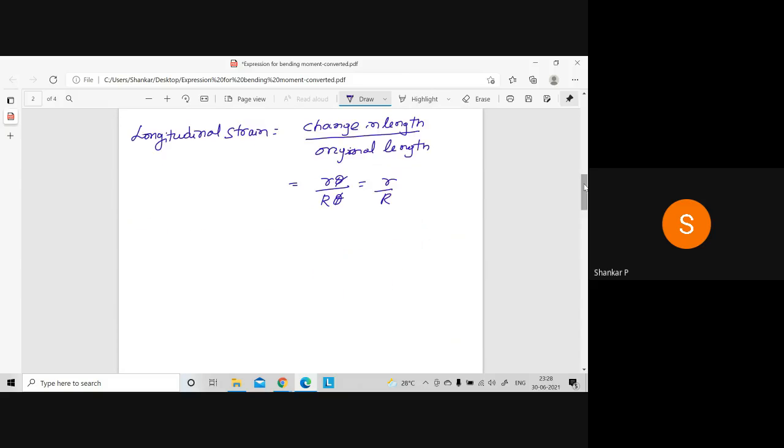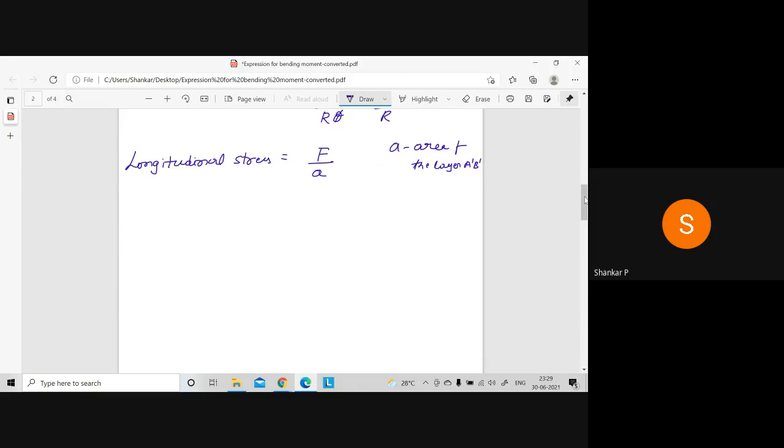So we know the longitudinal stress that is being applied, due to which the beam has bent. Longitudinal stress is equal to force by area, where A is the area of the layer A dash B dash. So Young's modulus we can calculate from longitudinal stress and longitudinal strain.